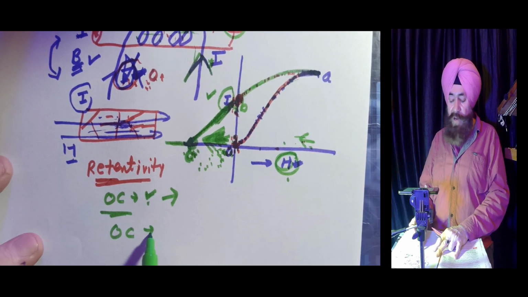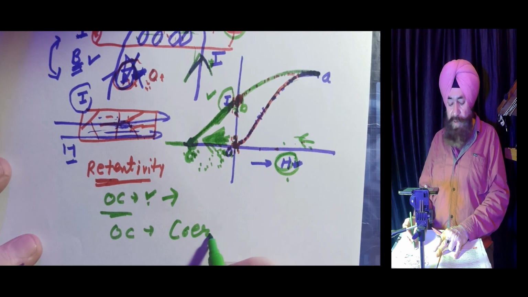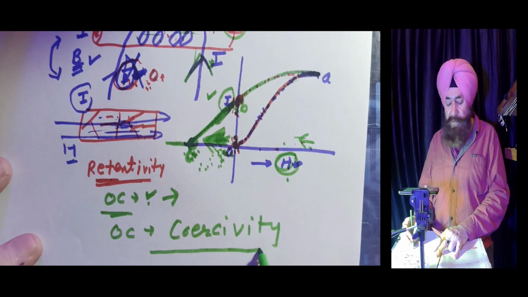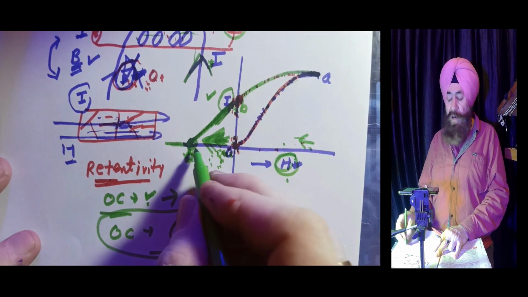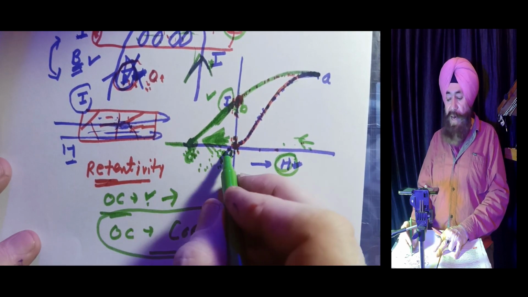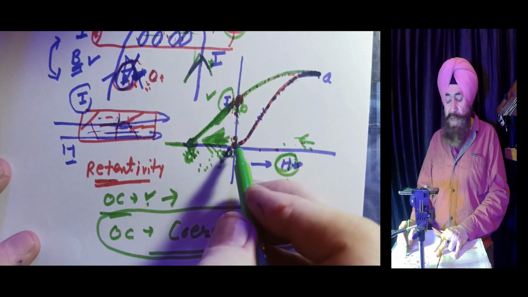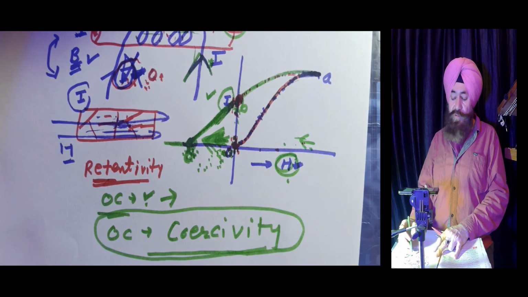This value OC is called the coercivity of the material. Coercivity of the material is that negative magnetizing force needed to make the retentivity 0.